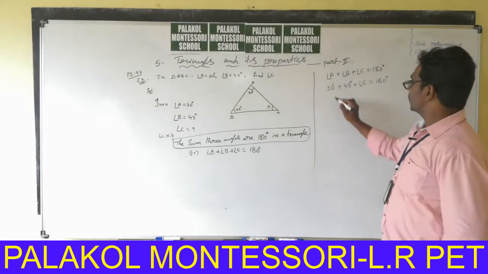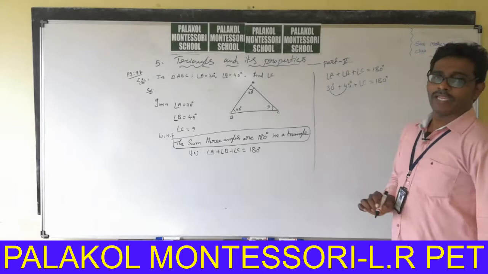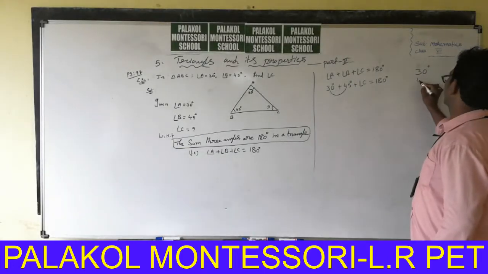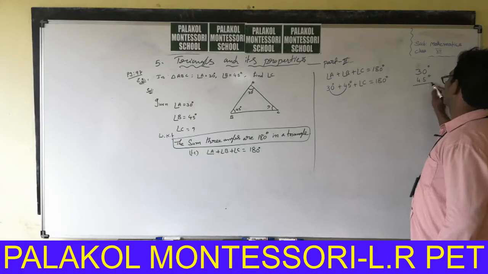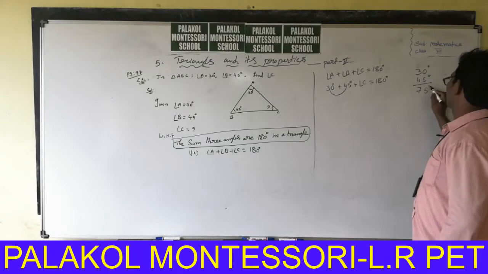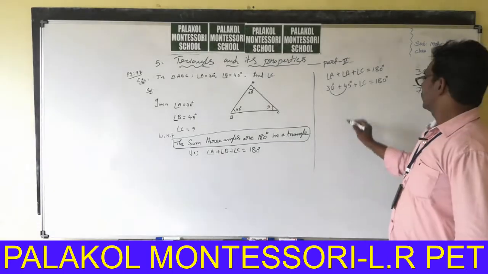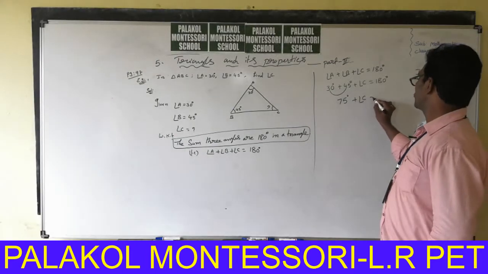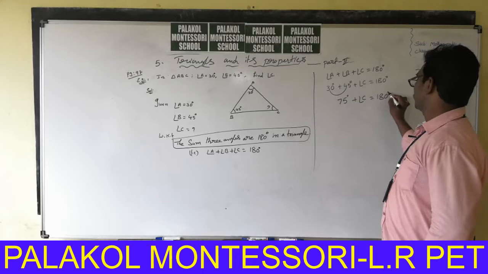Guys, these two are numerical values, so add 30 degrees plus 45 degrees. It becomes 75. So, 75 degrees plus angle C is equal to 180 degrees.